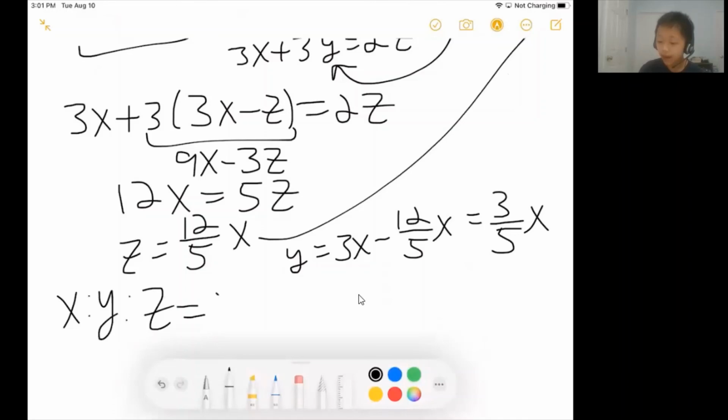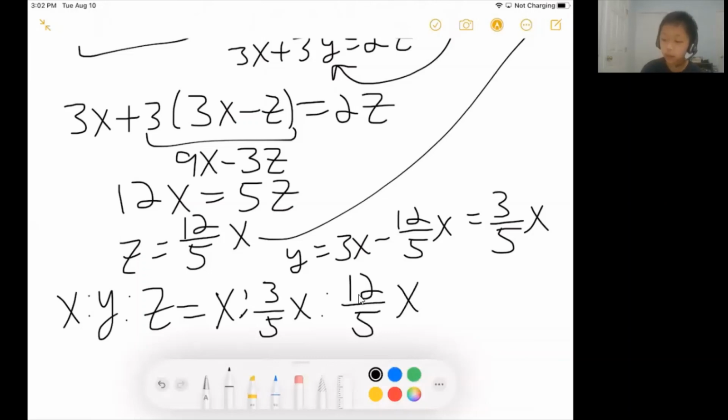We can write X to Y to Z, where Y is 3 over 5 X and Z is 12 over 5 X. We can divide everything by X, because X appears everywhere in the ratio. So this is equal to 1 to 3 over 5 to 12 over 5.